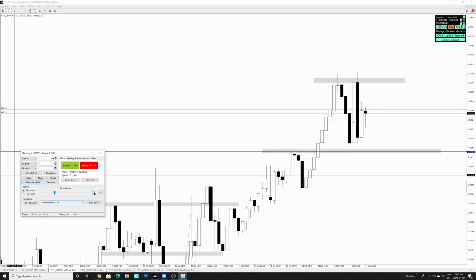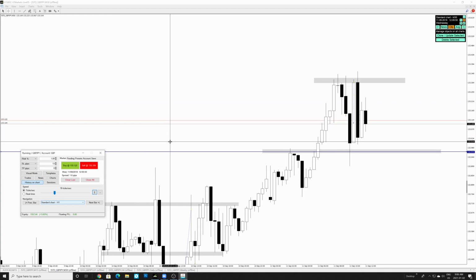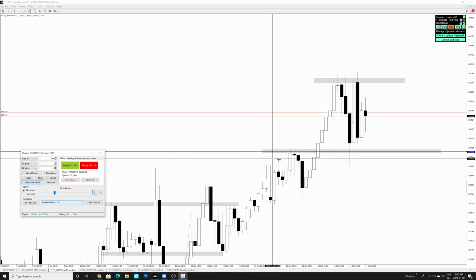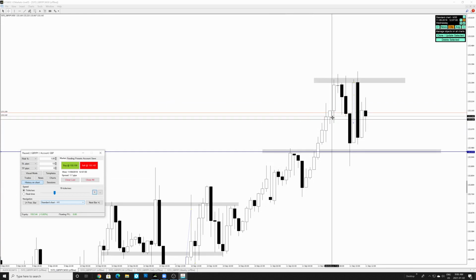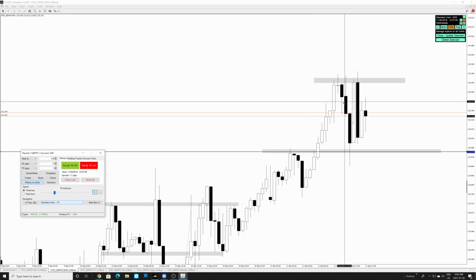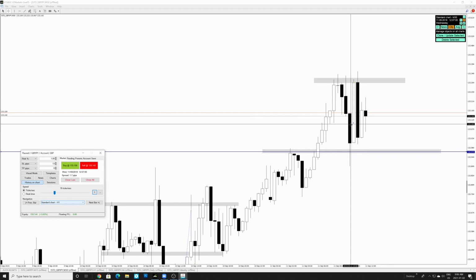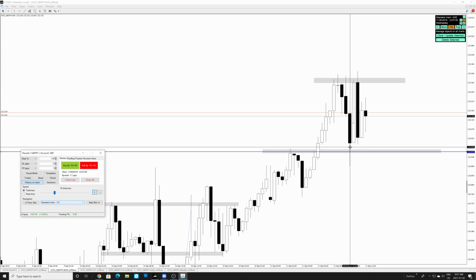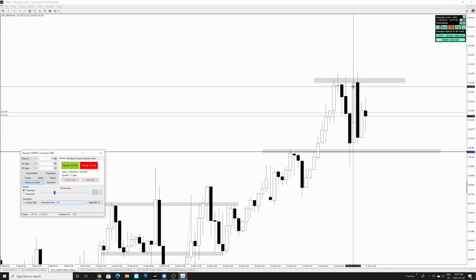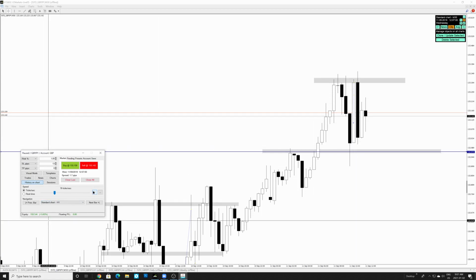But yeah, so slowly we're going to move into pre-New York, and we're going to see if we can take a trade in pre-New York. Because look, right, we had momentum moving into pre-London. We had this pre-London Open move coming down, and then we had the London Open move going up. So if price starts ranging over here, that means price is waiting for next volume to come in.